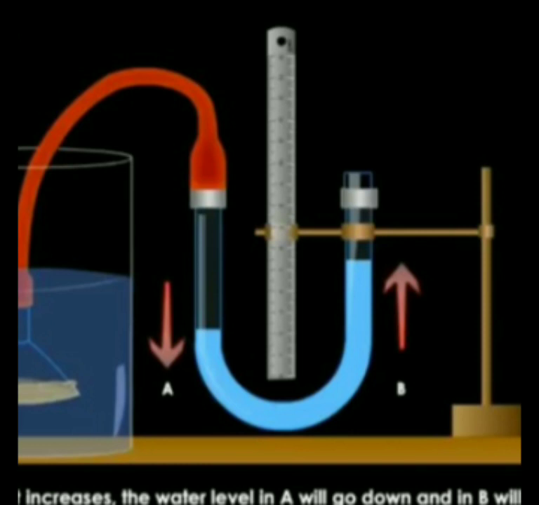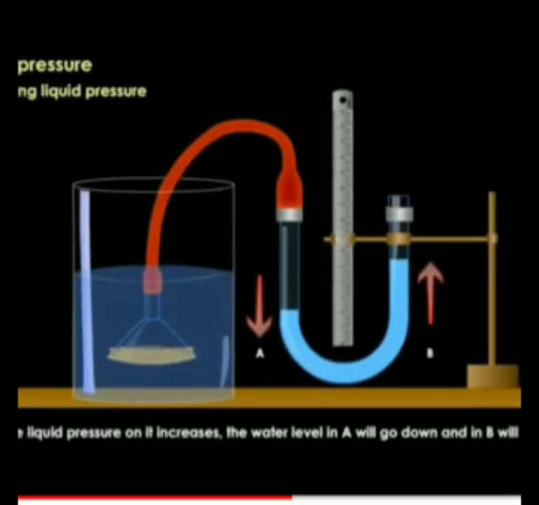The level of liquid inside A is lower than that of B, so there creates a difference between their levels, and this difference gives the comparative pressure exerted by the liquid.